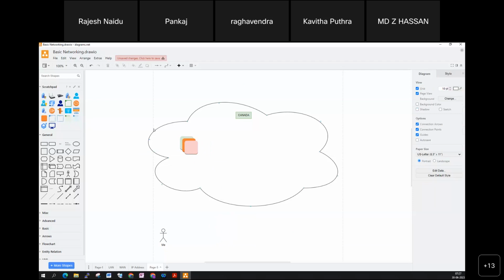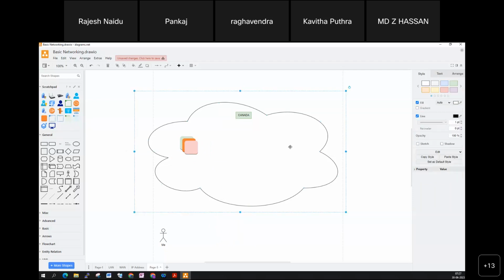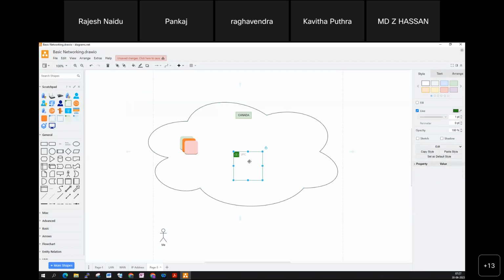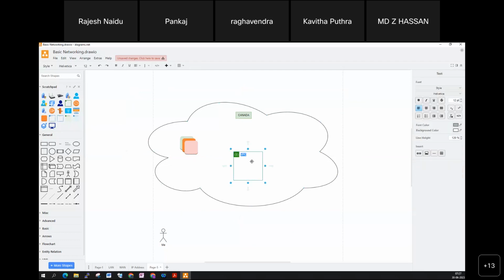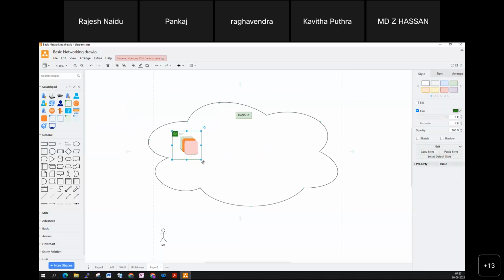That means one data center is created. The data center is like this, DC1.